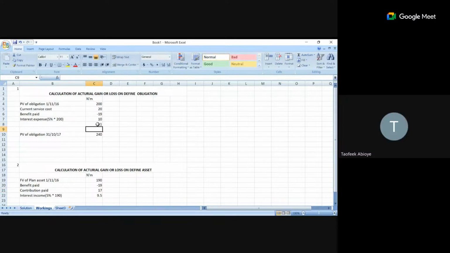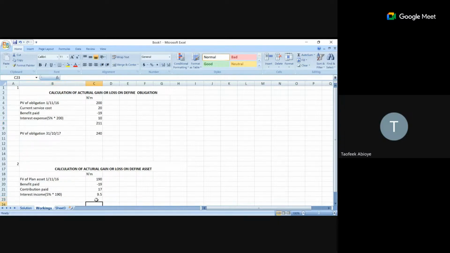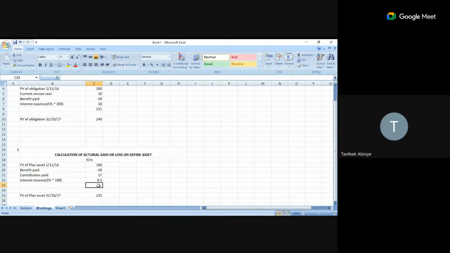If we calculate, this one will be 211, right? This is 211. Then if you calculate this one, it will be 197.5. So this is what I told you the other time, that we will compare.